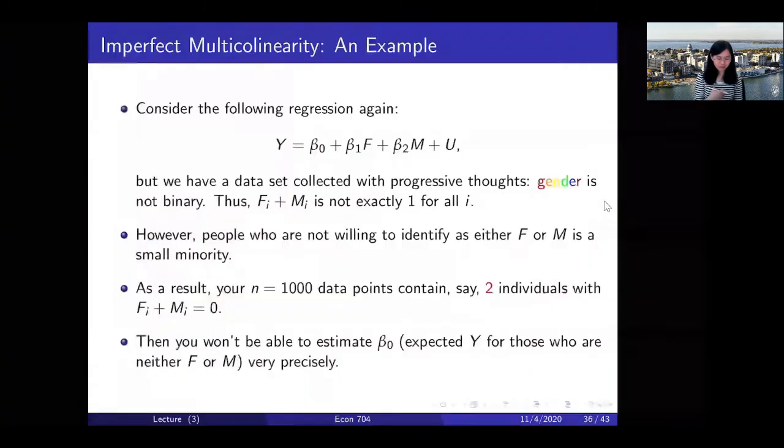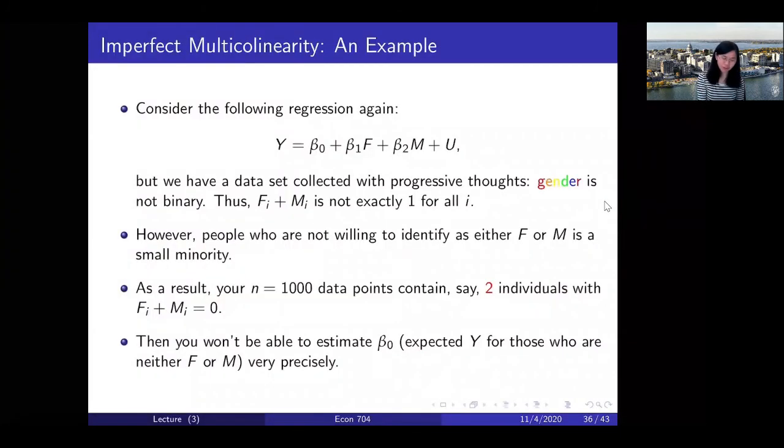Now, I want to give you an example, continuing the gender example as before. Suppose now your data set is collected with progressive thoughts. Gender is not binary. Suppose gender is not binary, so Fi plus Mi is not exactly 1 for all i.